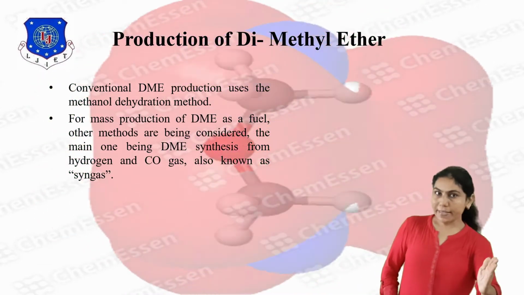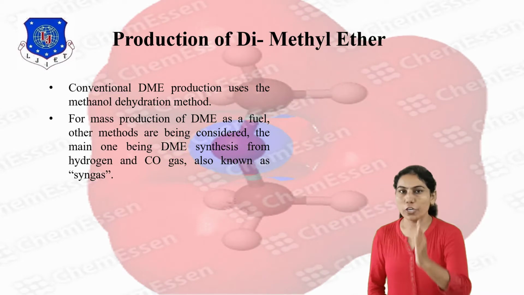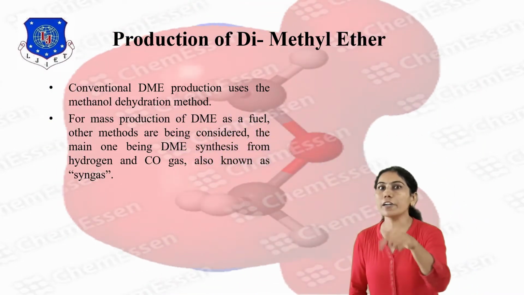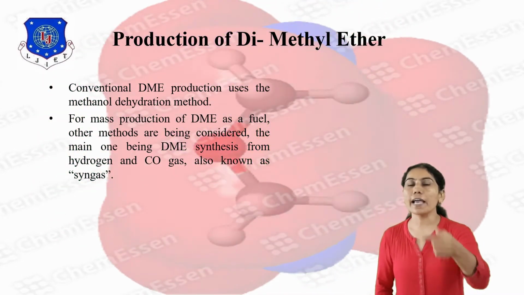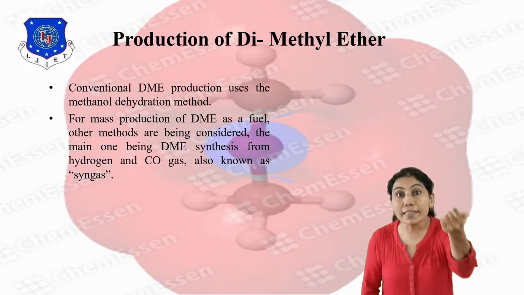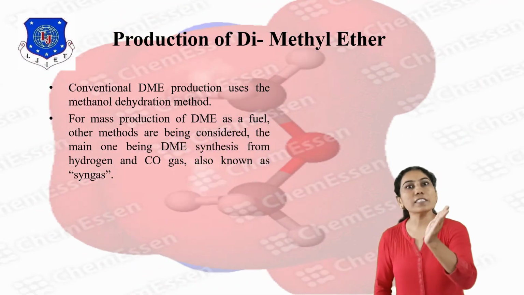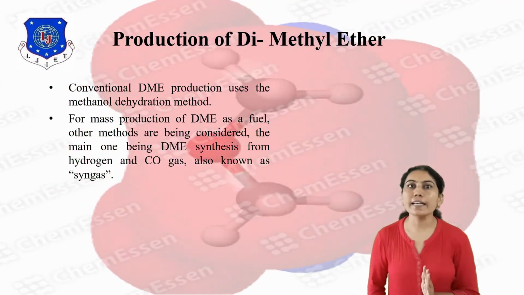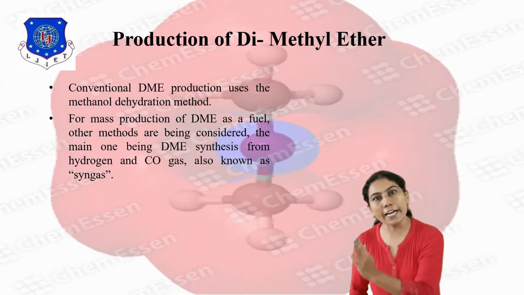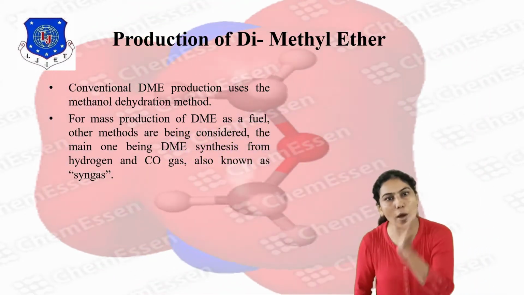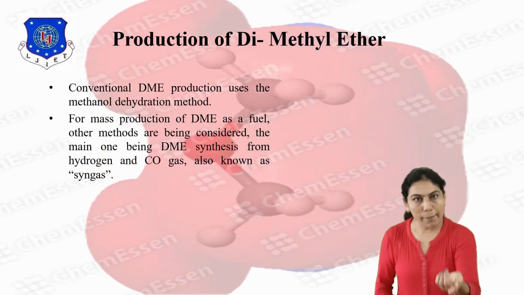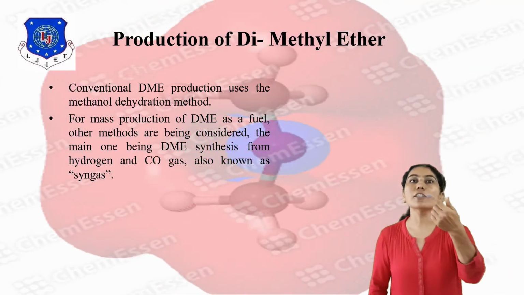Methane plus water, you can convert by internal reforming reaction, as the production process of methanol. You can convert to synthetic gas, carbon monoxide plus hydrogen, CO plus 2H2. Then the second chemical reaction is CO plus 2H2.